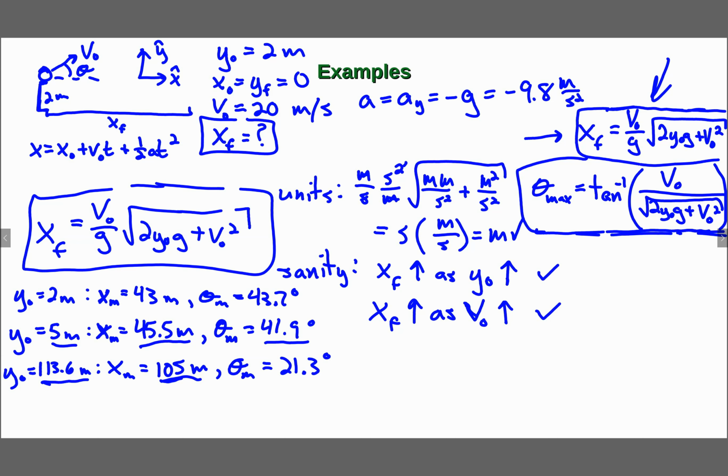So my maximum range is increasing as I take my launch point higher, but there seems to be diminishing returns as I go up. It's not a linear relationship where I can throw it twice as far if I go up twice as high. I get kind of diminishing returns. The higher I go, the less difference it's making in my distance that I can throw.